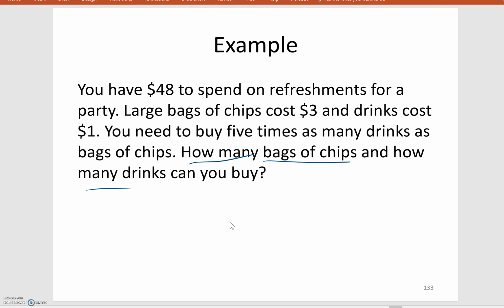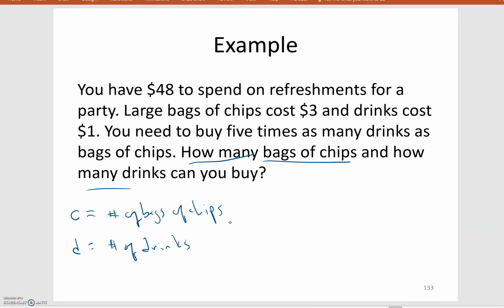So we have our main question, and from our main question we're going to get our variables. The first one I'm going to call C for number of bags of chips, and D for number of drinks. Those are the things that we are looking for.